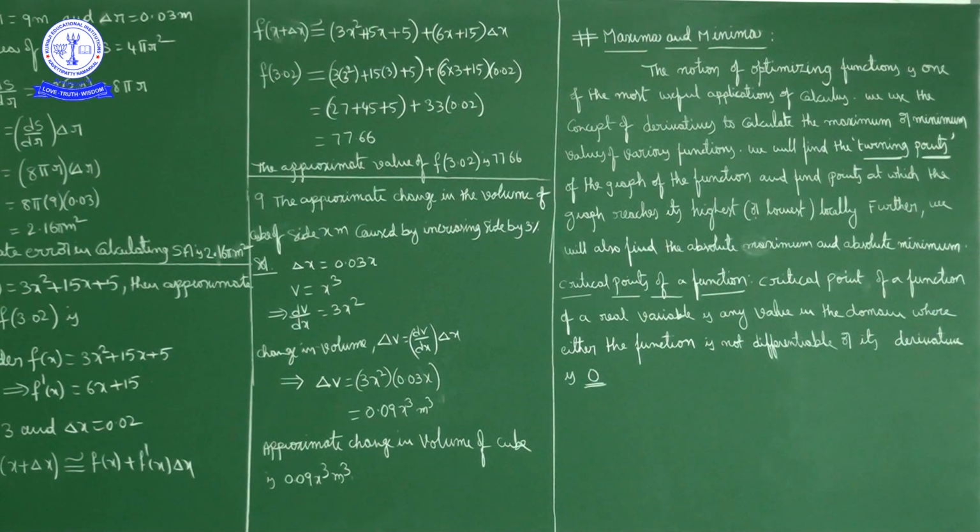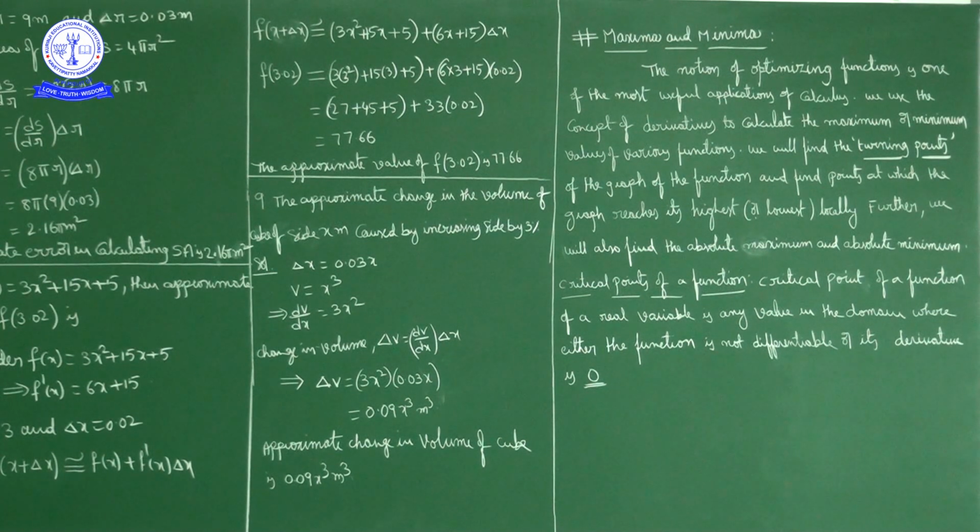Critical point means the variables where the function has no derivative at that point or the derivative equals 0. For example, suppose we have a function f of x and f dash of x equals x minus 2 into x minus 3 into x minus 4. Now f dash of x equals 0 at 2, 3, 4. So 2, 3, 4 are called critical points.